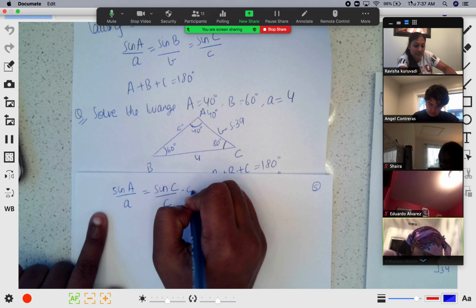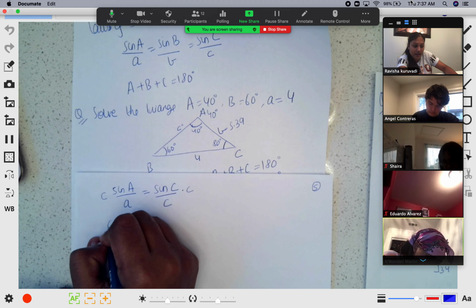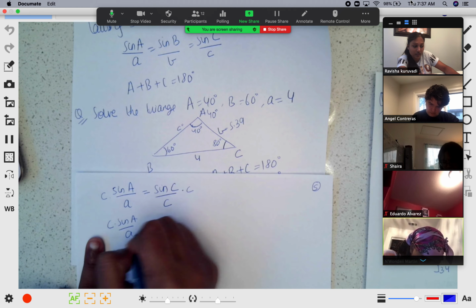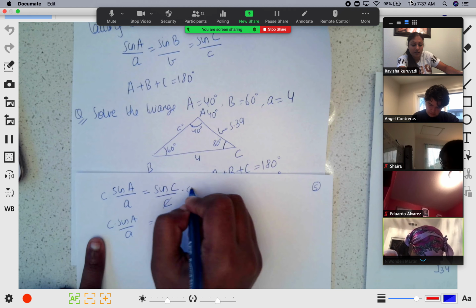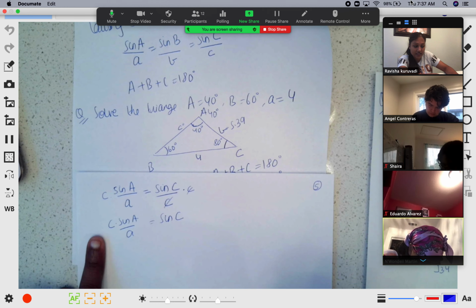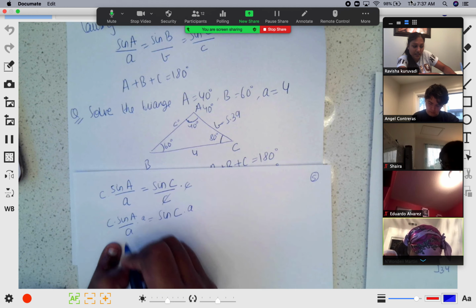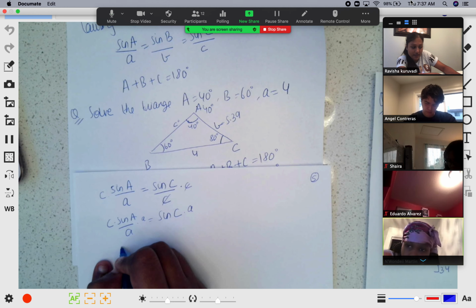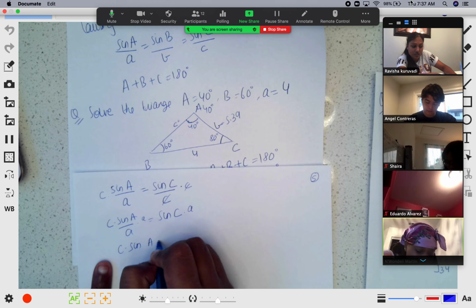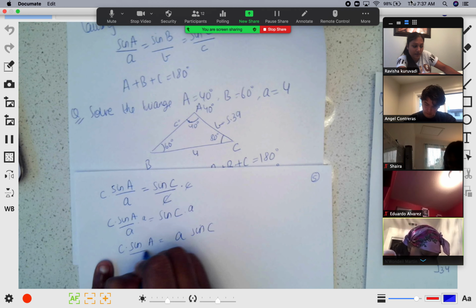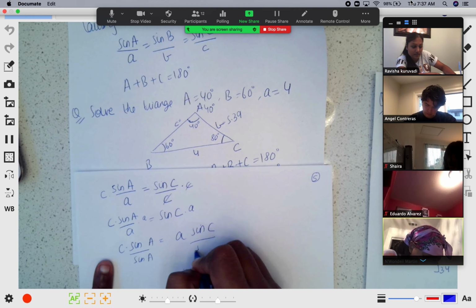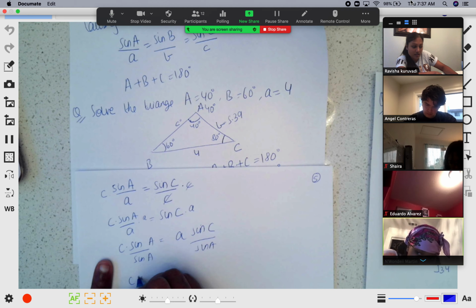It becomes C sine A over A is equal to, this C gets cancelled, you're left with sine C. Now I just need C. This A is dividing, so I multiply A on both sides. It becomes C times sine A is equal to A sine C. Now I just need C, so I divide by sine A. You get C is equal to A sine C over sine A.